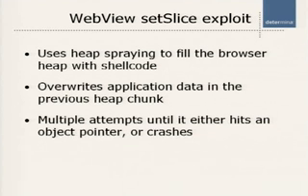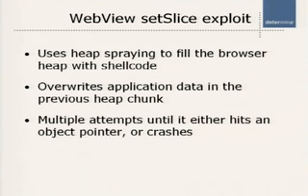Let's look at one of the exploits that came out last year. It's the WebView set slice exploit. And it was added to the Metasploit framework, and it worked pretty well in most cases, except that it relied mostly on random luck. So in some cases it would work, in others it wouldn't.